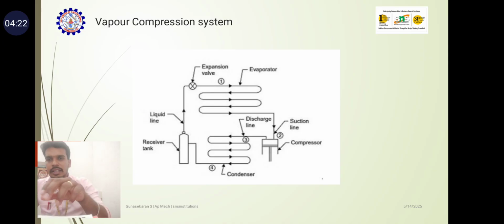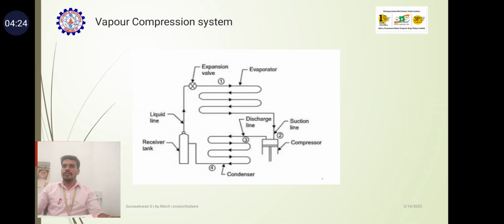Then we are seeing the fourth stage, evaporation. It is the final stage, also called the evaporator. Here low pressure, low temperature refrigerant enters the evaporator and absorbs heat from the surroundings, such as the air inside a refrigerator or a room in an air conditioner.